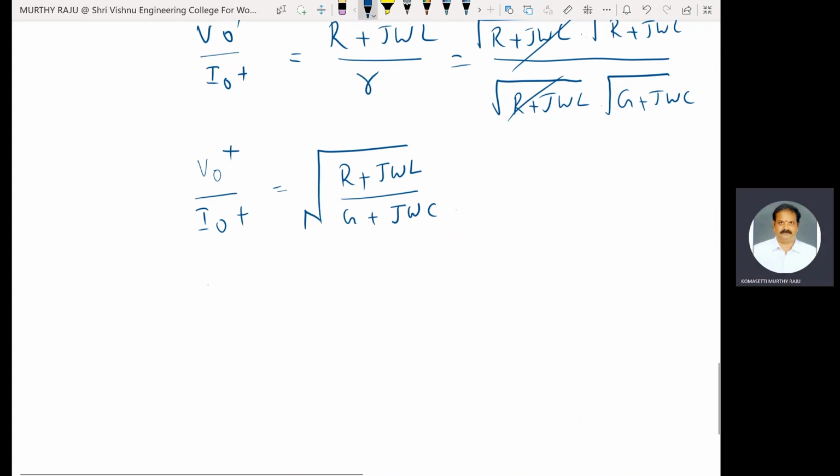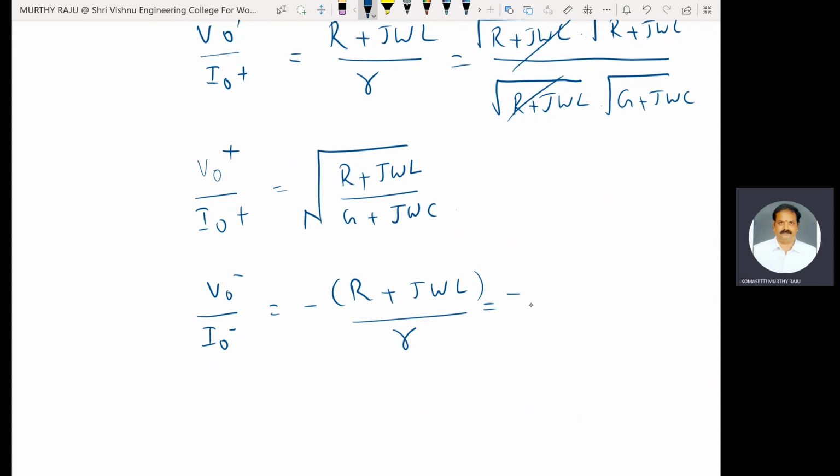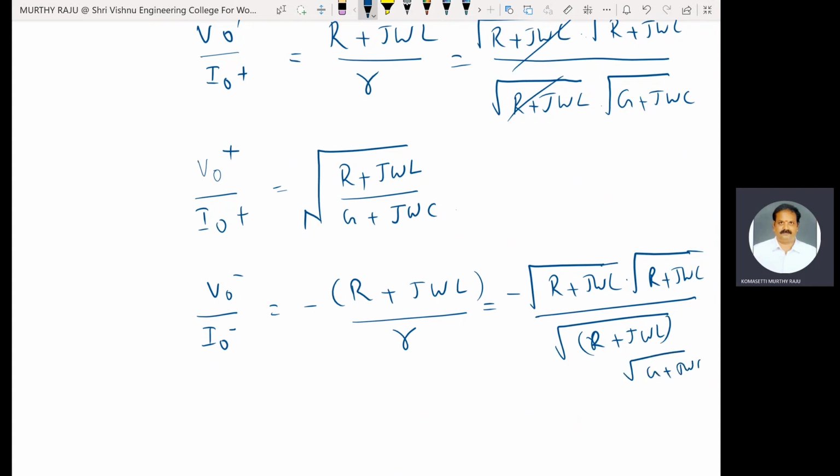Therefore, V0 minus by I0 minus is equal to minus (r plus j omega L) by gamma, which is equal to minus square root of (r plus j omega L) into square root of (r plus j omega L), with gamma equal to square root of (r plus j omega L) into square root of (g plus j omega c).